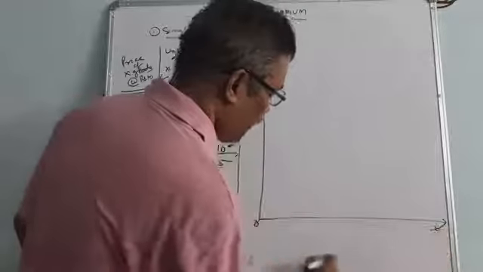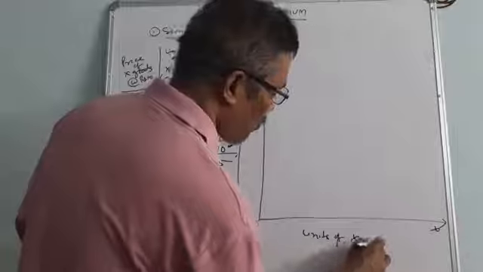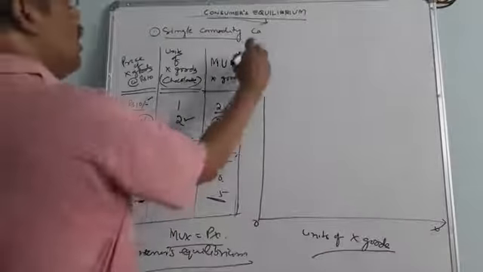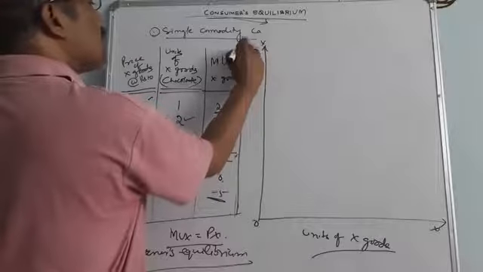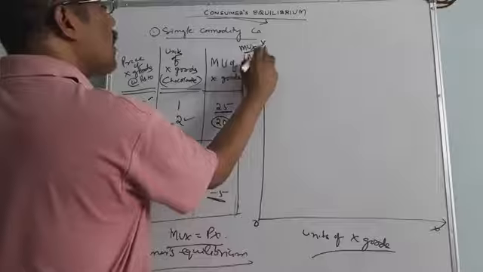X-axis is the units of X goods the consumer consumes, and Y-axis is the marginal utility of X goods and price of X goods.